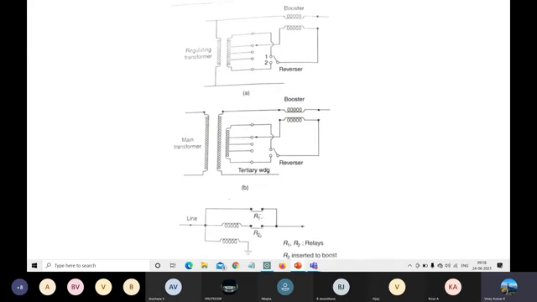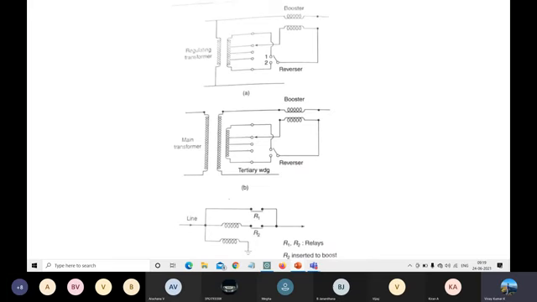At that time R2 should be closed. And similarly, if you are interested to place the booster transformer windings, at that time R2 should be closed and R1 should be open. So these are our different relays, which act like switches to place the windings of our booster transformers along with the line, in order to grasp the voltages.